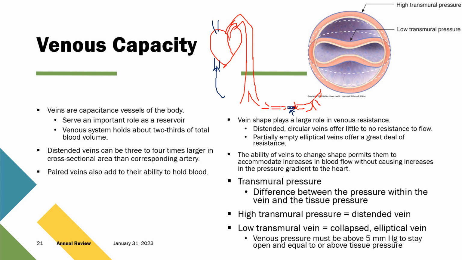The veins have a high compliance or high capacity, meaning they can go from almost or completely collapsed when they have low pressures inside, to all the way dilated to a nice round large vessel when they have large pressures of blood inside. So distended veins can actually become up to 3 to 4 times the size of the correlating artery. So your jugular vein would be up to 3 to 4 times the size of your carotid when it is at its maximum capacity.